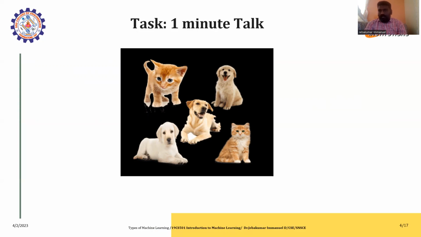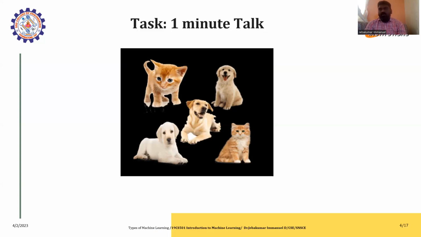Based on our human experience, we can easily identify this one is a dog, this one is a cat. But here, no label is given for these particular images. Our human intellect, knowledge and wisdom tell us this is a cat, this is a dog. Everything is categorized or grouped based on our experience.